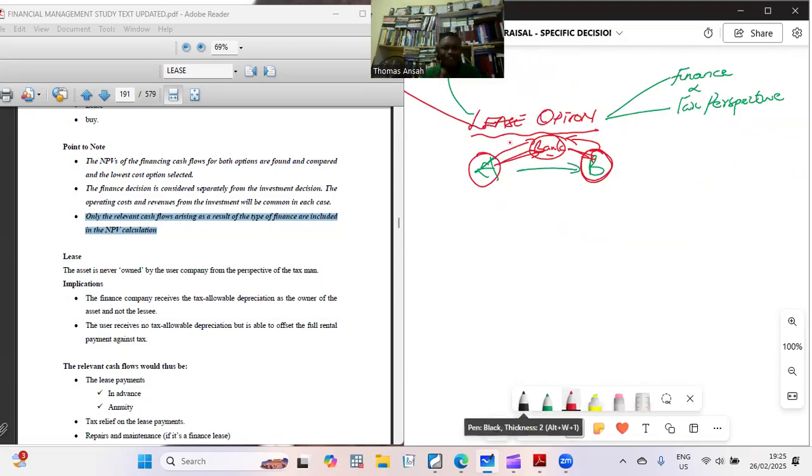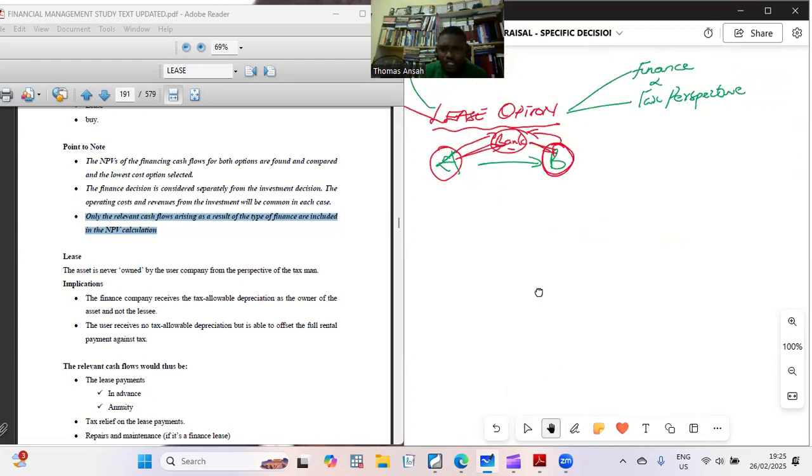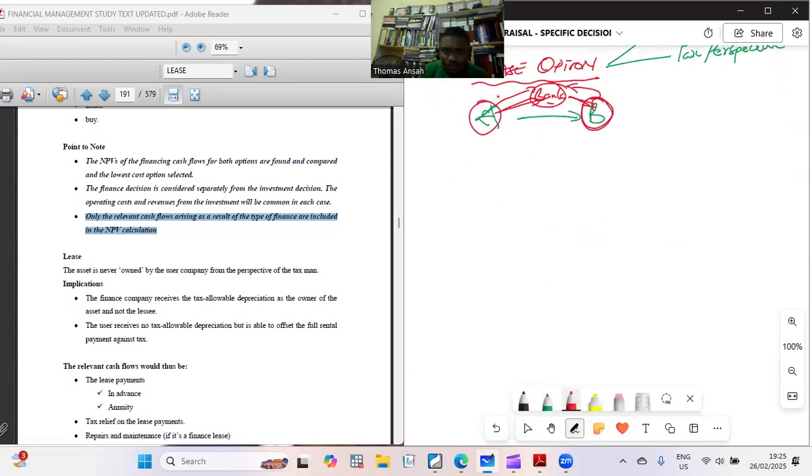But be careful and read the question. So now, when it is in the lease option, be careful of the question. We have operating lease and we have finance lease.